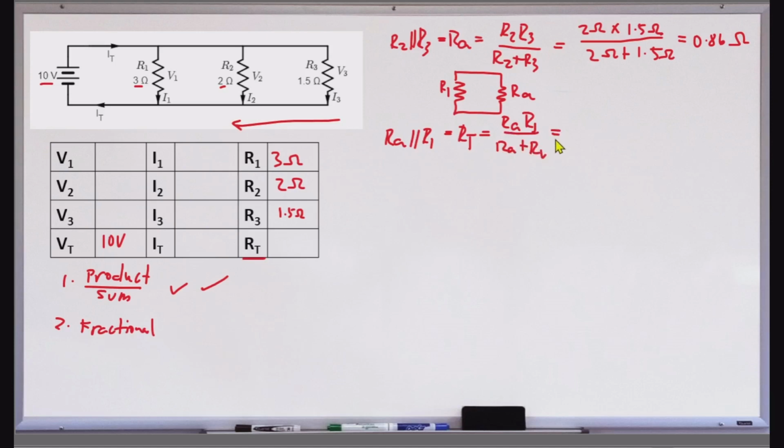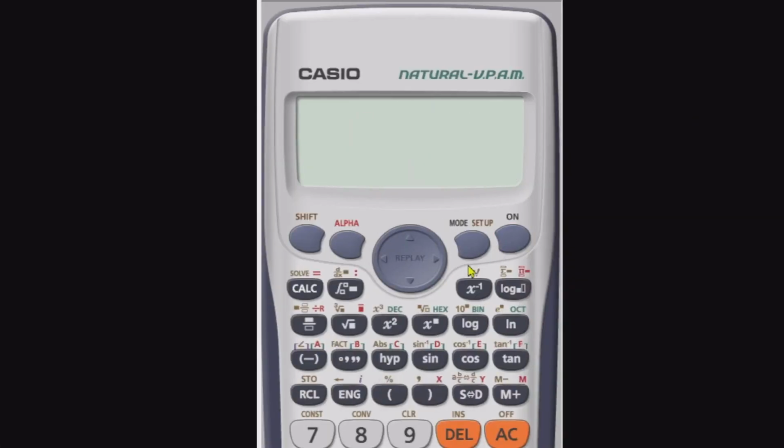And then, let's plug in the values. RA is 0.86 ohms. We multiply it with R1, our R1 is 3 ohms, all over 0.86 ohms plus 3 ohms. Same procedure as the operation a while ago. Let's use our calculator again and press the fraction sign.